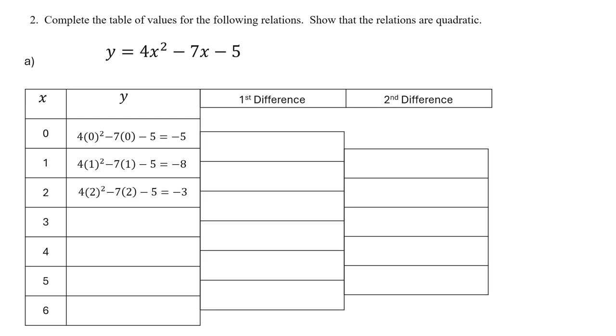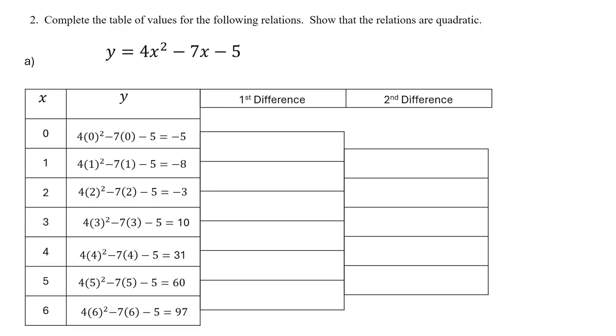So on with the 2's, and so on. And so now we have a series of coordinates: (0, -5), (1, -8), (2, -3), and so on. But we're just interested in the differences between our y values.